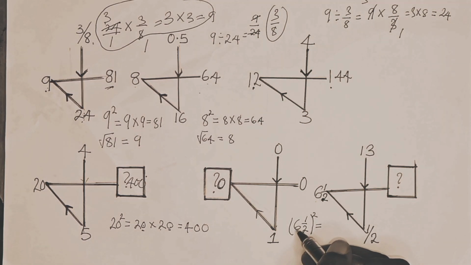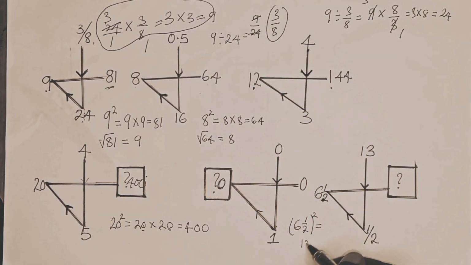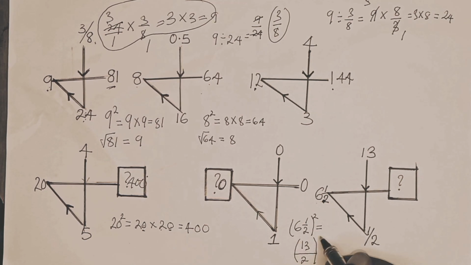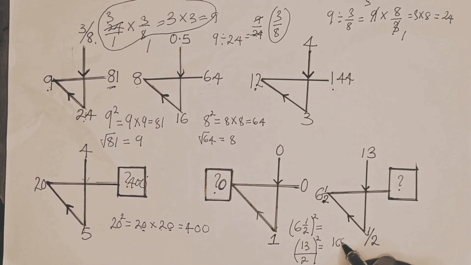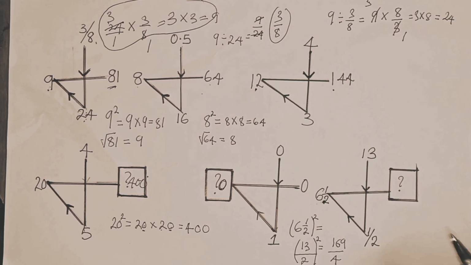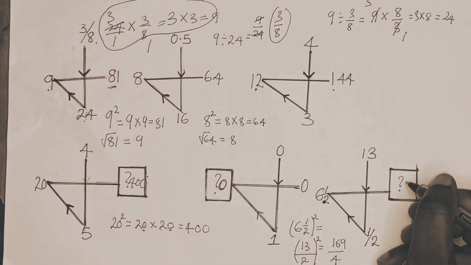So 2 times 6 is 12. 12 plus 1 is 13. All over 2. Now raise it to the power of 2. So 13 squared is 13 times 13. If you do your multiplication properly, you have 169 there, all over 4. Good. So you can know that this is your answer, 169 over 4.